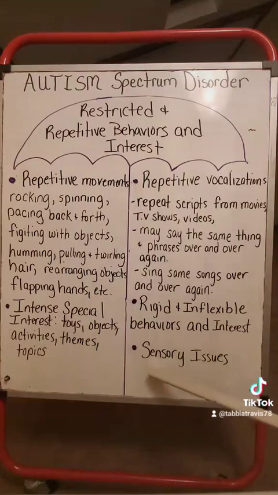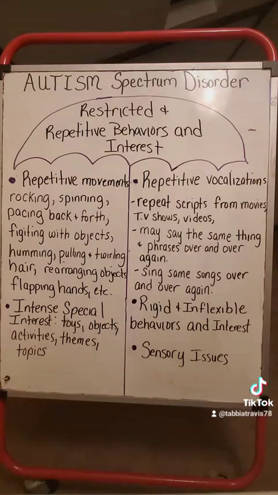And the last one is sensory issues. Autistic people may have sensory issues, sensitivities to certain sounds, smells, lights, textures. A lot of autistic people struggle in crowded, busy environments due to these sensory issues.